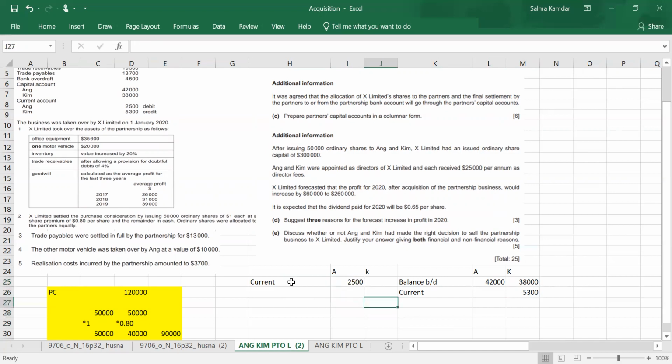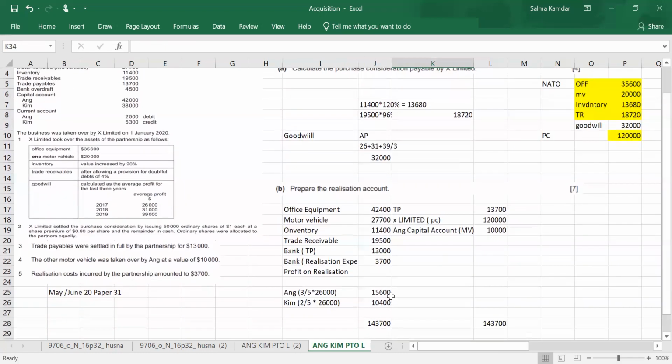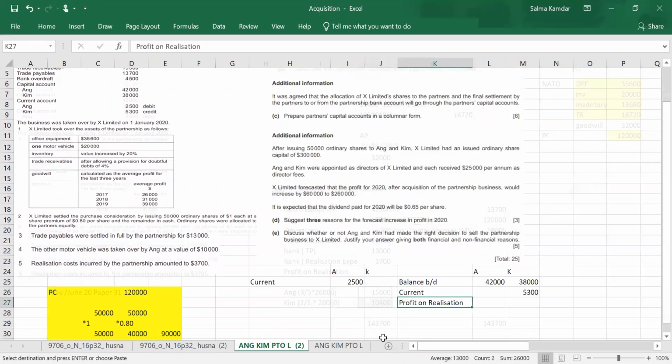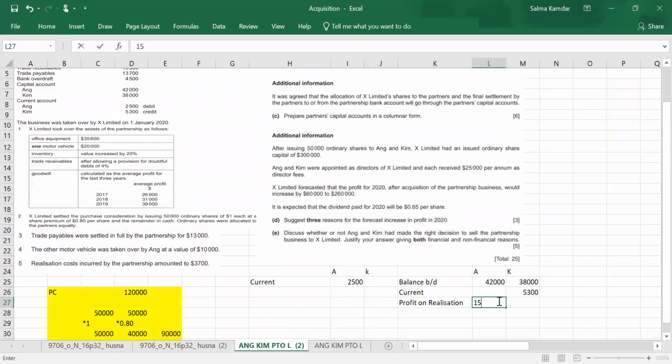After that, the profit on realization I will put on the credit side of partners' capital account. So it is 15,600 and 10,400.